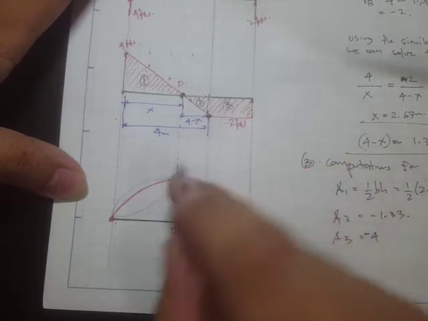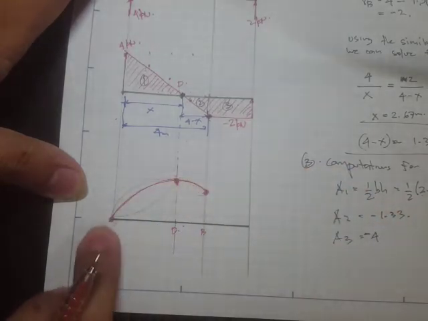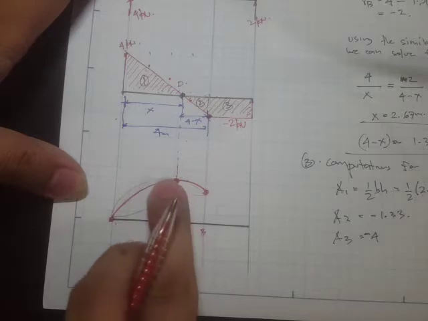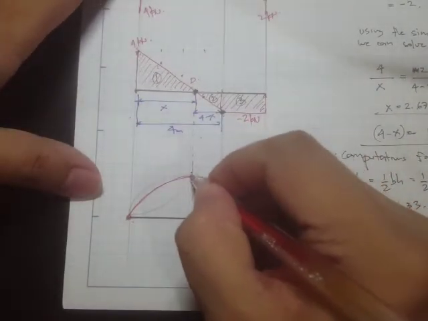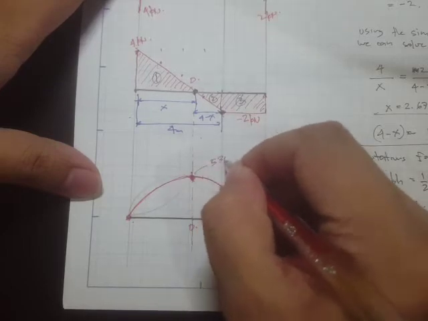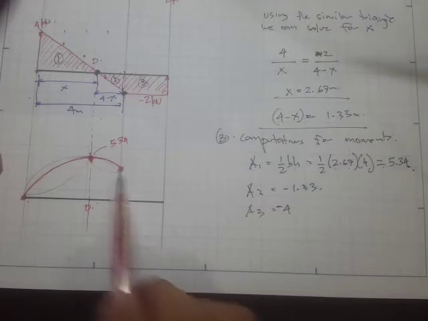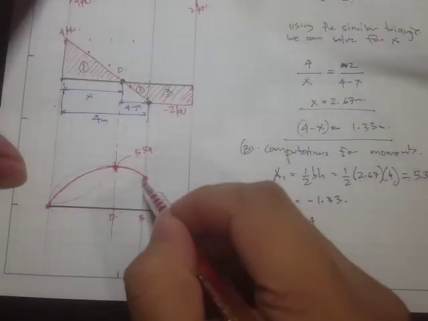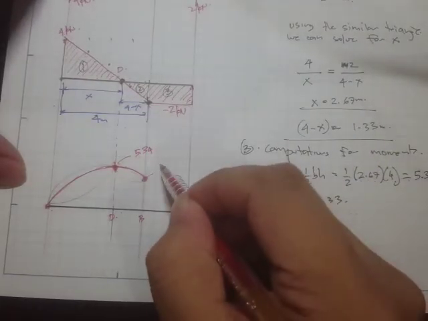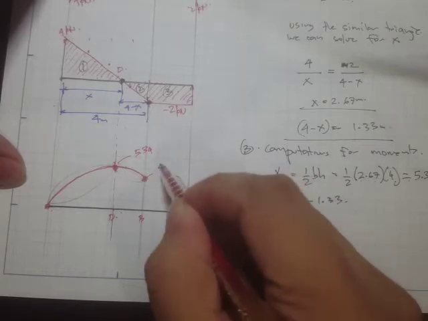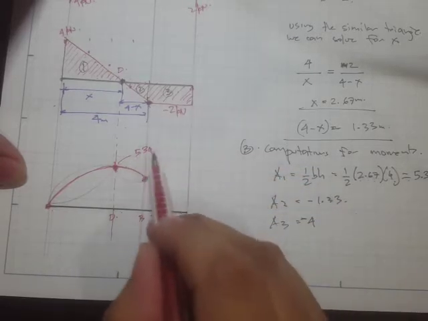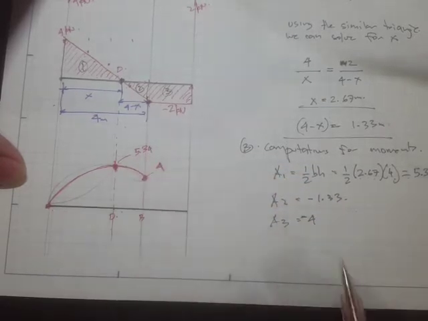And the value right here for the maximum is from 0 to 5 point to the area 1, because that's the change in shear. Then this is 5.34, and 5.34 minus 1.33, this is actually just 4, because we have a decimal point right here.